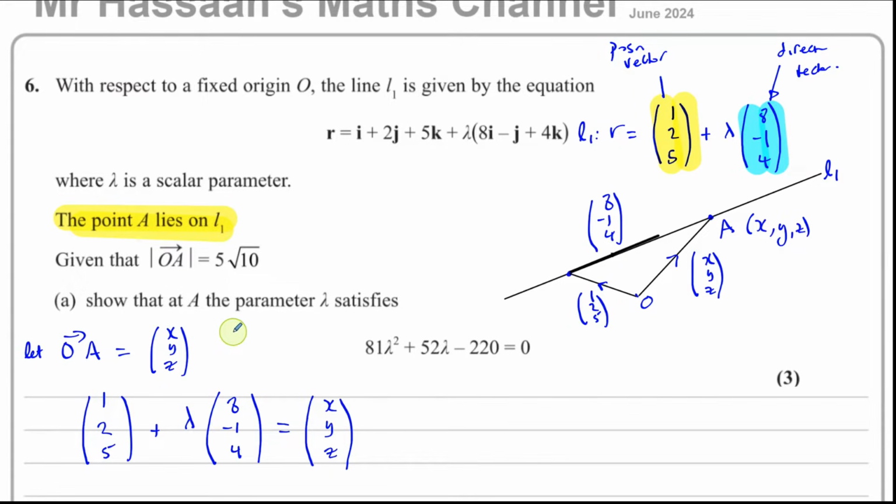So we can say that X, Y, Z lies on the line.